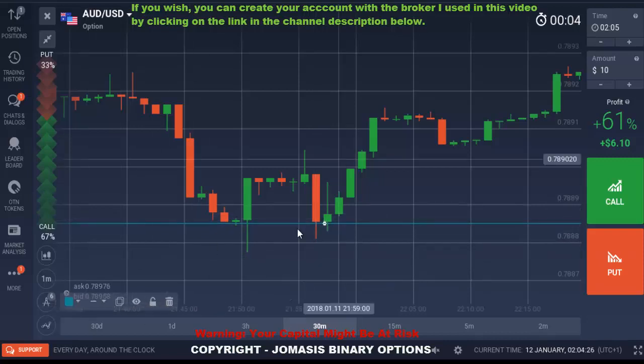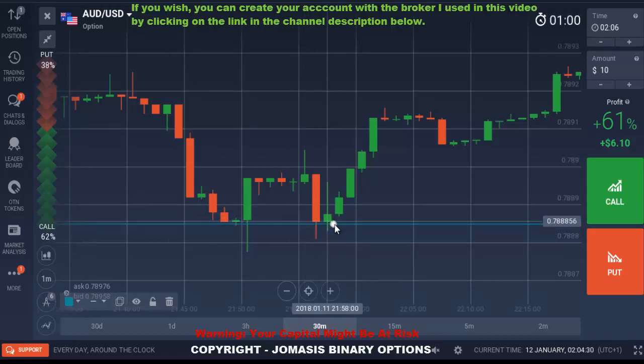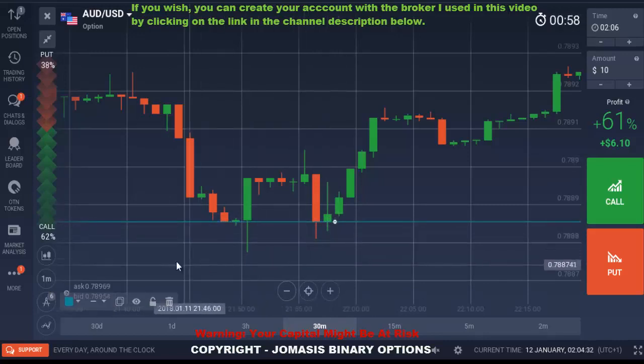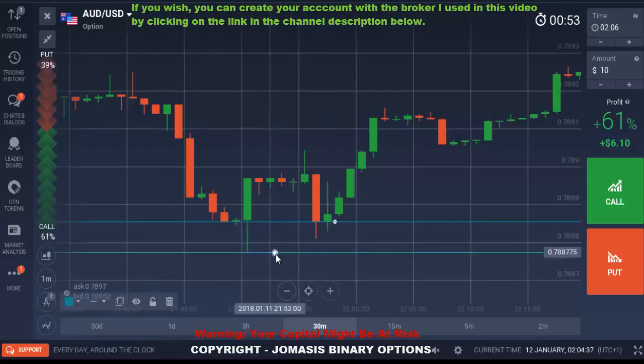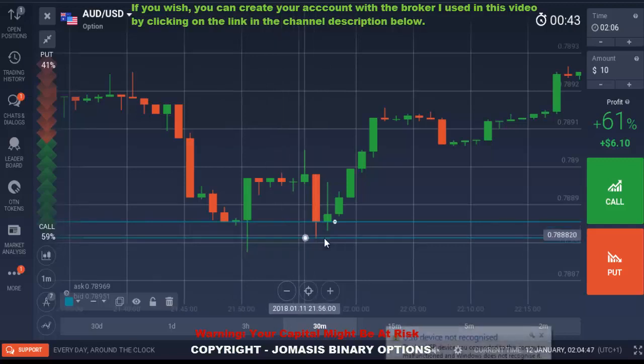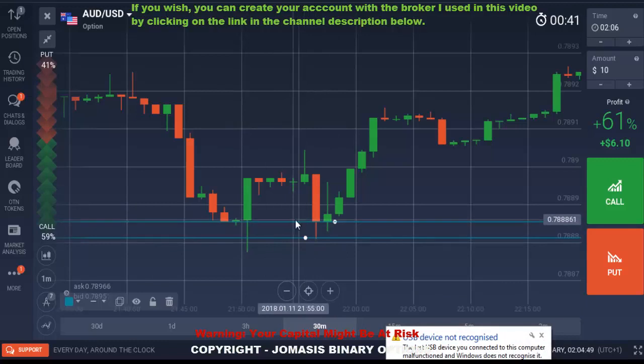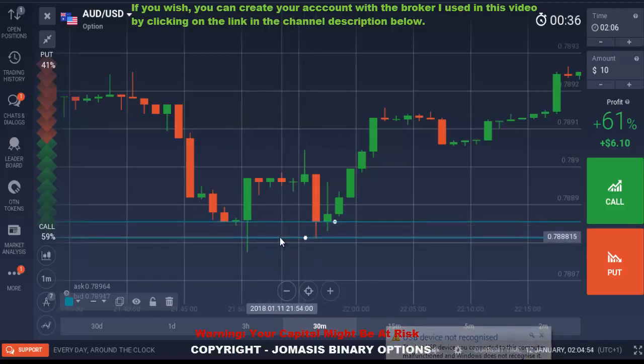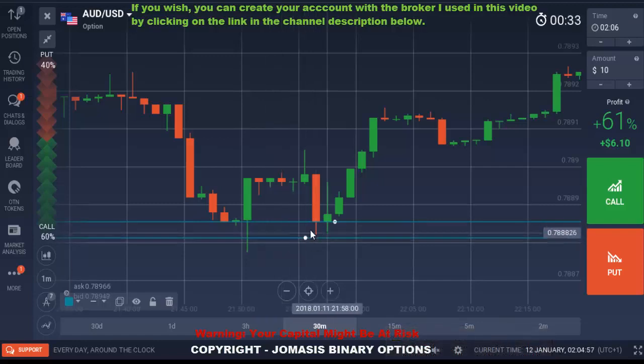When you are drawing support, you don't draw only the body, you also have to draw the wicks. So we can draw this level and forget about this one. This area is our support area, and this line is also a support line, but the whole area here is our support area.